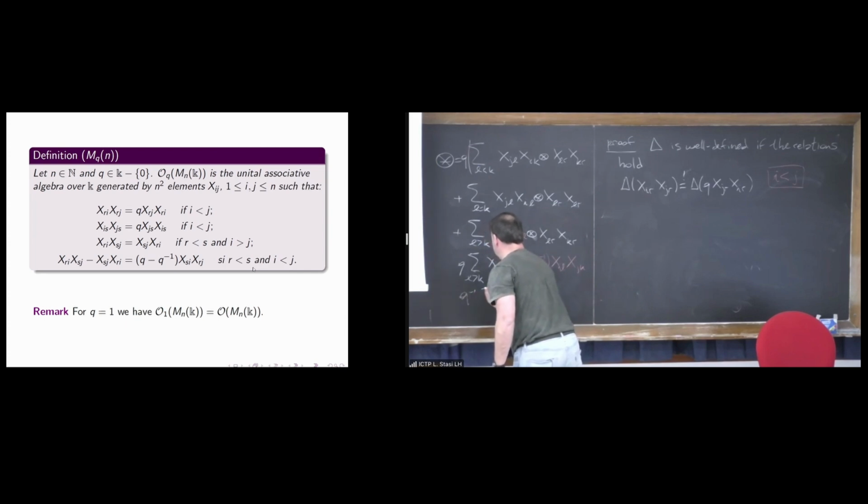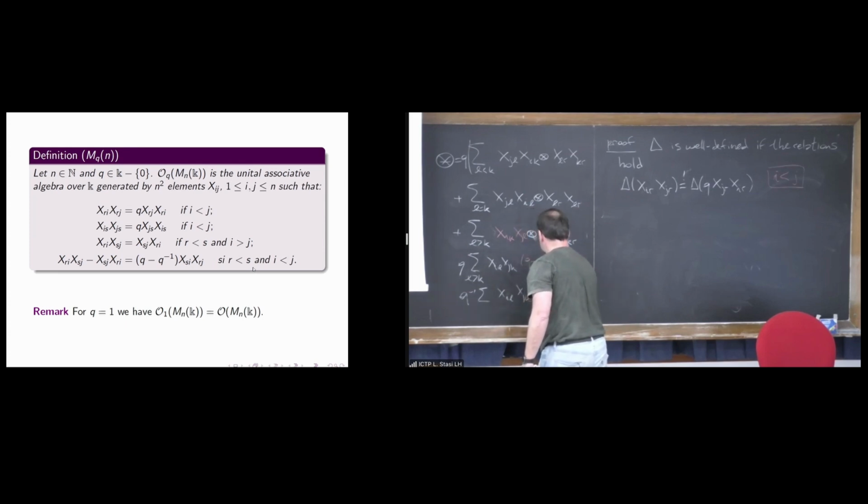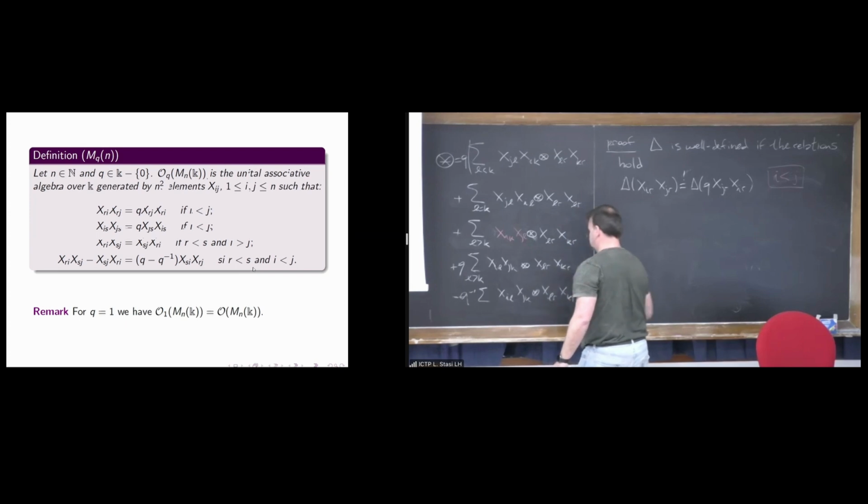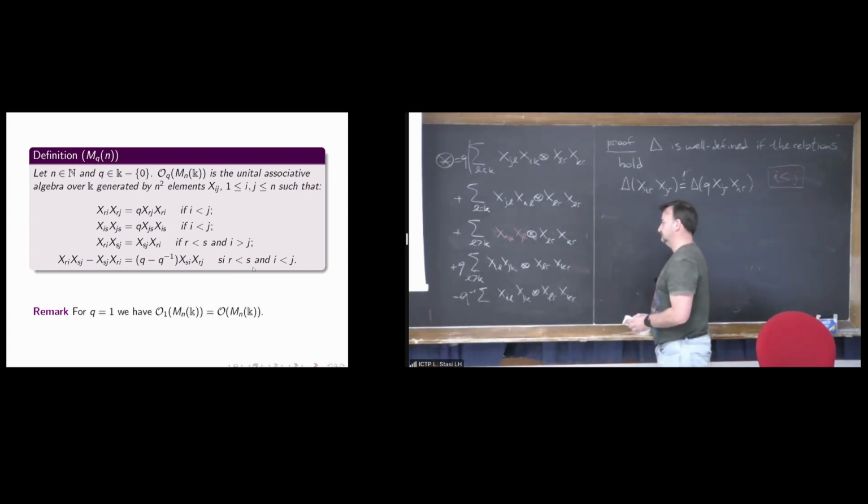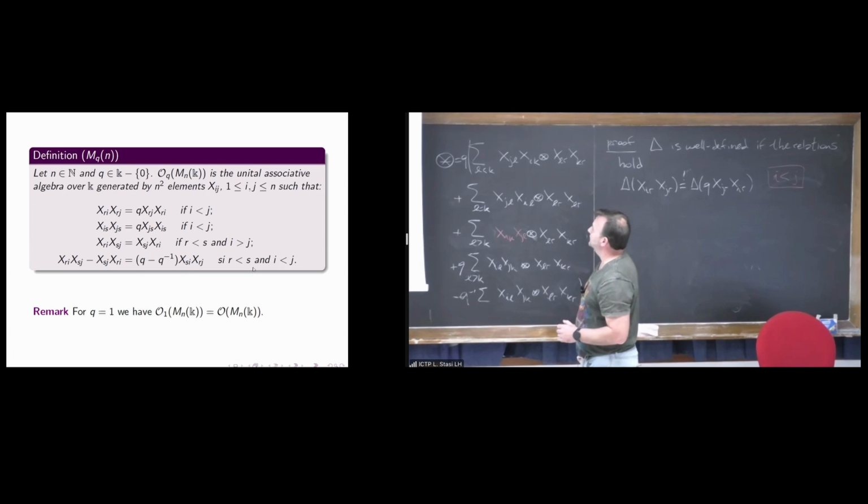I will write the second one with Q minus 1, because if not, I will forget, okay? This is with the minus, and this is with the plus. Yeah, I think I didn't make any mistake.